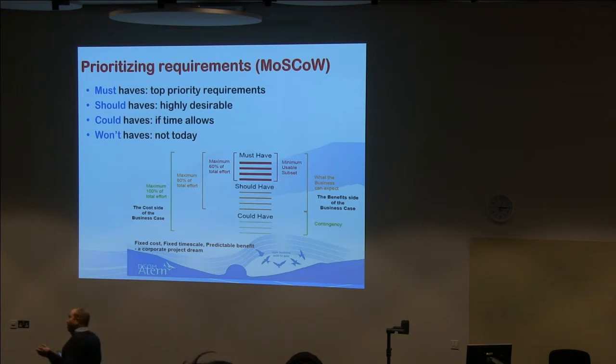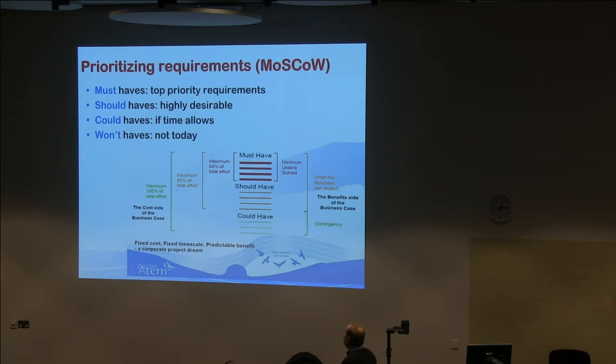Won't-haves are the, yeah, we can do that next year when we've got more money type requirements. I think it should make the team. Yes, we've noted down your requirement and we've assigned it an appropriate value. It's there in the W dustbin.